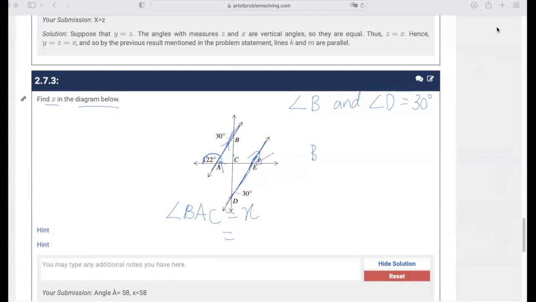Just now Ceci said that this angle is equal to X, which is valid because you already proved that this is parallel. So when this is parallel, these two will be the same. What step do you still need to take to find this angle though?